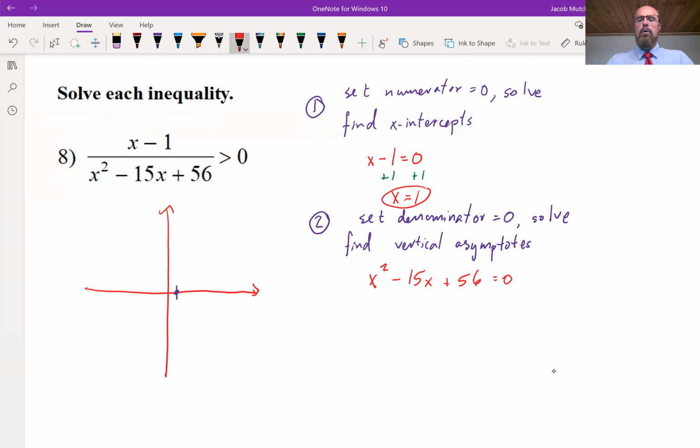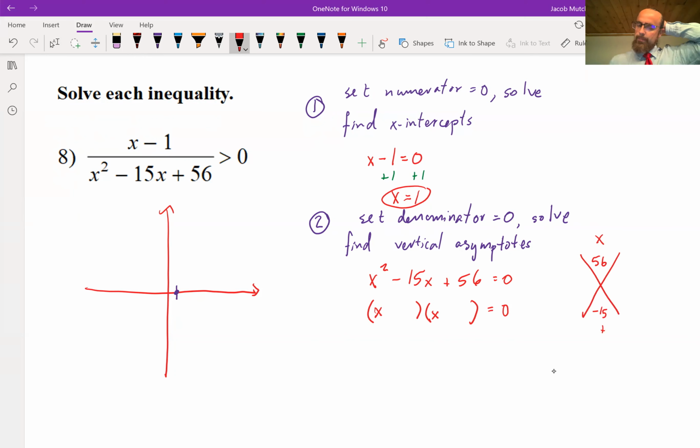So to solve that quadratic, I'm going to try to factor it. So I'm looking for two numbers as I place my x's. Those will multiply to x squared, so that takes care of my first term. I need two numbers that multiply to 56 while at the same time adding up to negative 15. And that's that classic x factor pattern.